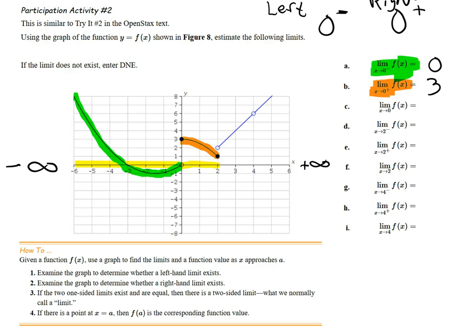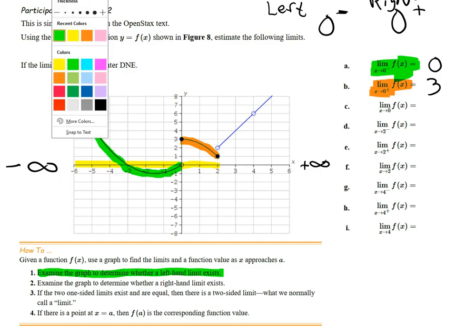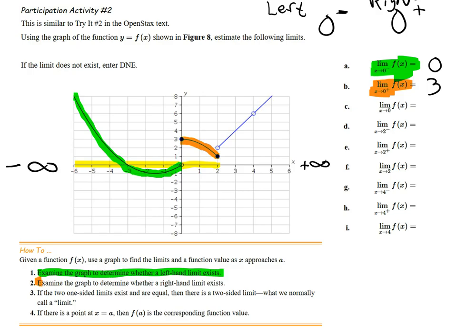Okay, now it says, examine the graph to determine whether a left-handed limit exists. My left-handed limit was the green, and it did. It got up to 0. Examine the graph to determine whether a right-handed limit exists, and I did do that, and that was the 3.